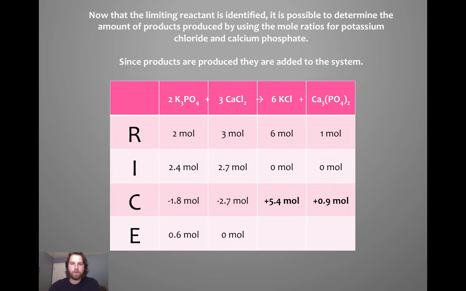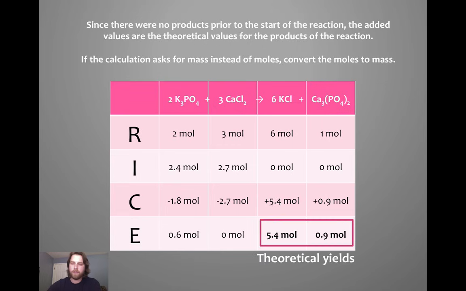They react in a 3:6 ratio, which is a 1:2 if you reduce that, and then a 3:1 ratio for the calcium phosphate. If we do those calculations out, 5.4 and 0.9 moles is what we get. So our theoretical yields are 5.4 and 0.9 moles, respectively, for those two products.